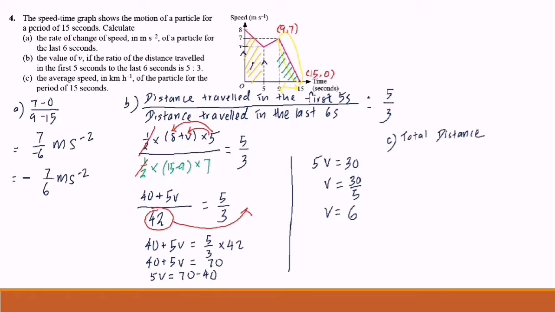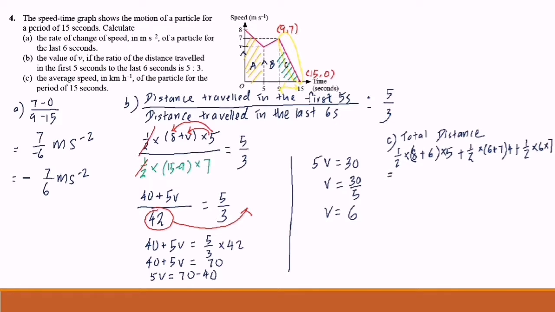The distance, we have 3 parts, A, B, C. Part A, 1 over 2 times 8 plus V, just now V is 6, times 5, plus 1 over 2 times 6 plus 7 times 4, plus the triangle area of C, 1 over 2 times 6 times 7.